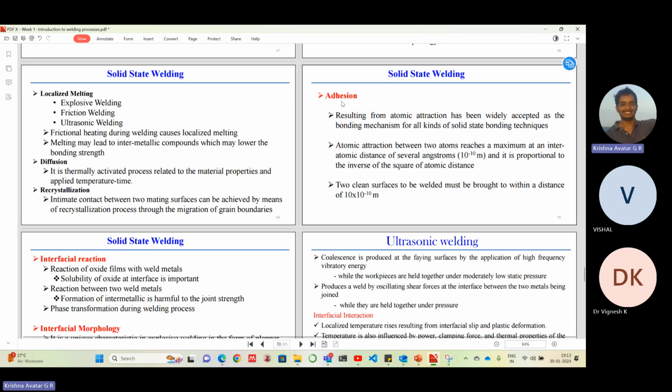It will tend to have a graph which falls rapidly and then increases as the distance increases. Which means that if we have two atoms and we bring them closer and closer, they tend to attract till a certain distance, post which they simply repel. And then we'll have to bring these two clean surfaces to within a distance of 10 angstrom.